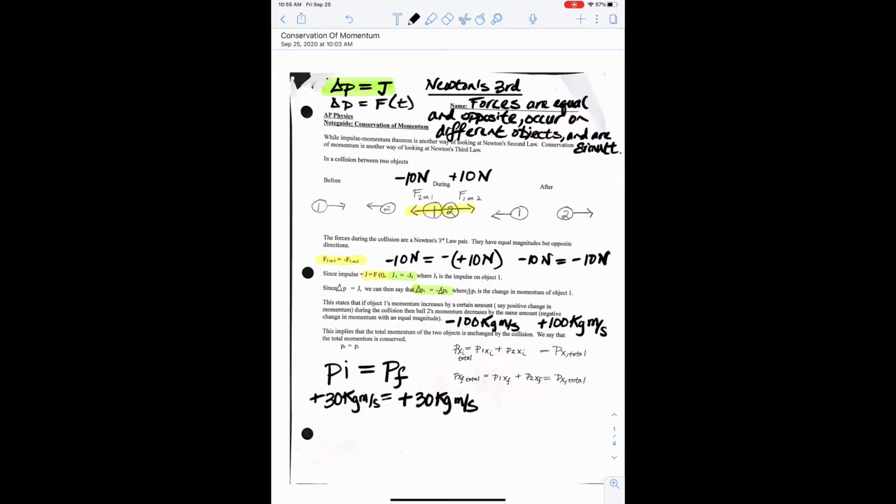I think sometimes when people hear P initial equals P final, it doesn't matter which way you say it, they think 0 equals 0, but that's not necessarily the case, right? You can start with some positive momentum and end with positive momentum.